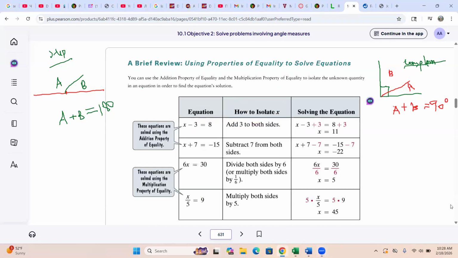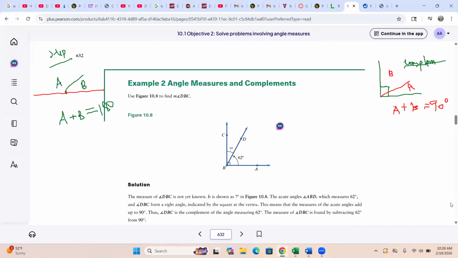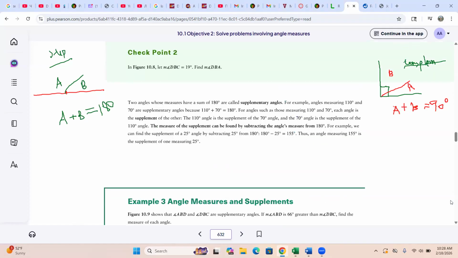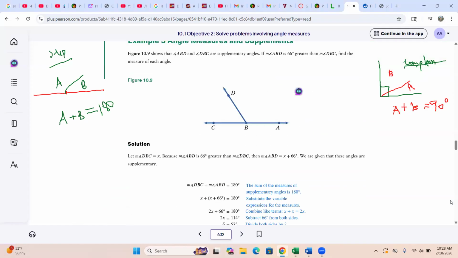So we just saw a few exercises, actually we saw just one exercise, the 28 and 62, and that was for the complementary angles or complements. Complements is another name, supplements, complements. So how about example on figure 10.9, where it looks like we're dealing with a pair of supplementary angles.